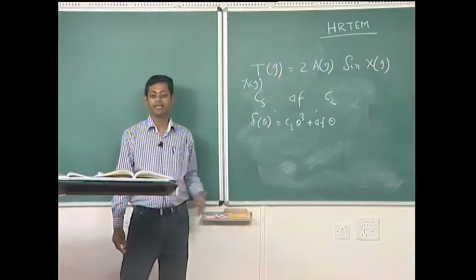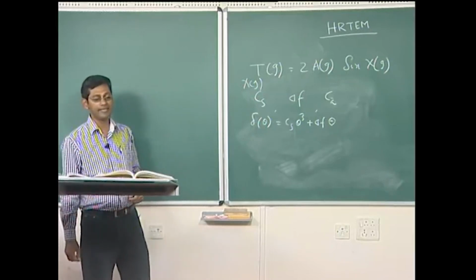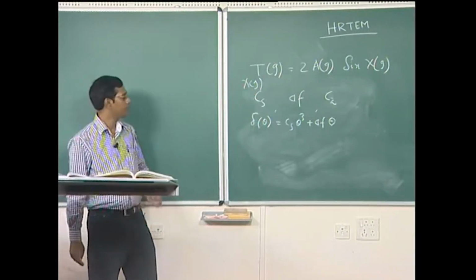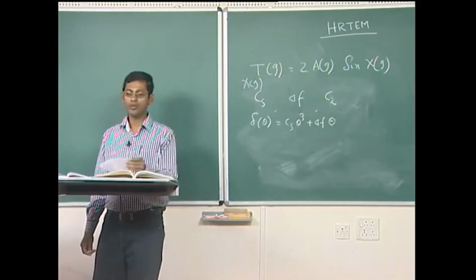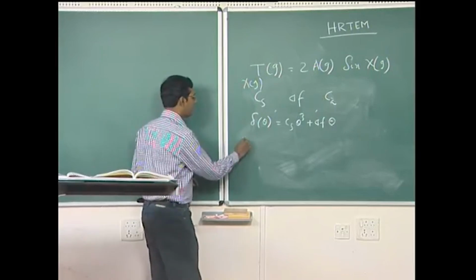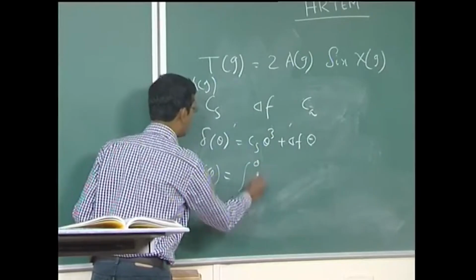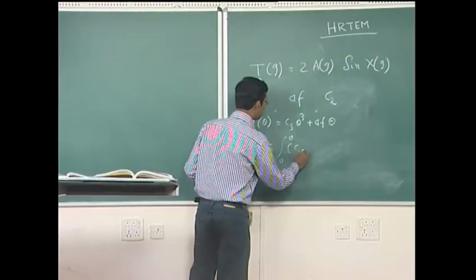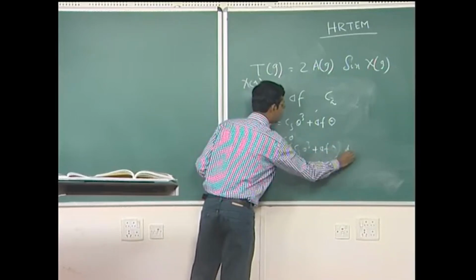But we need to consider not only one value of theta, but all the values of theta. Theta is nothing but the diffraction angle. So, we need to consider all the diffraction angles, and in that case we need to average this value as a function of the diffraction angle, which can be done by simply integrating this equation from 0 to theta, Cs theta cubed plus delta f theta, d theta.